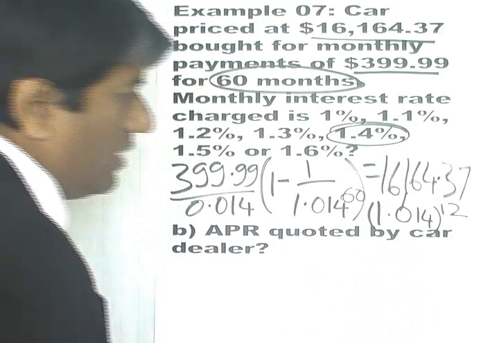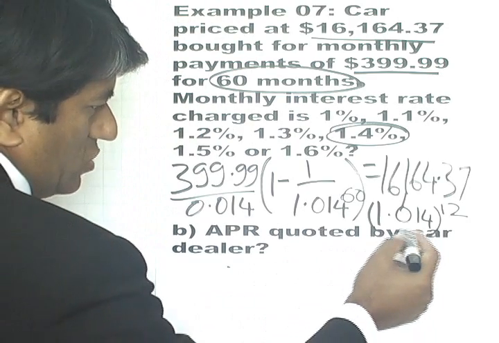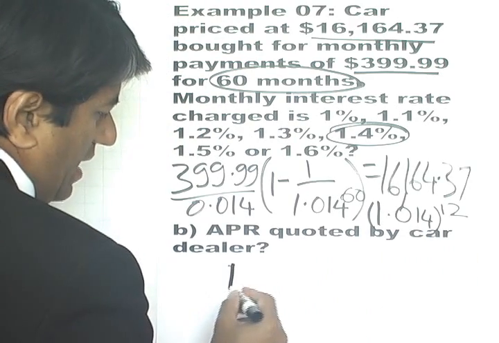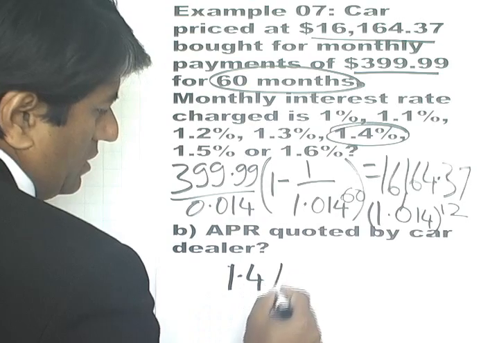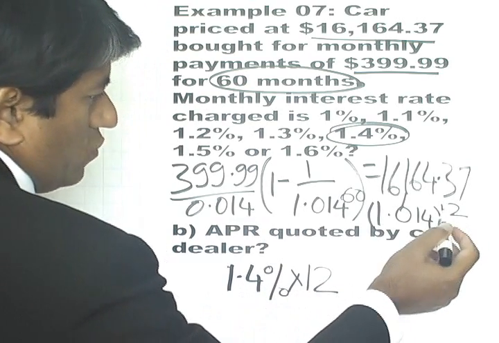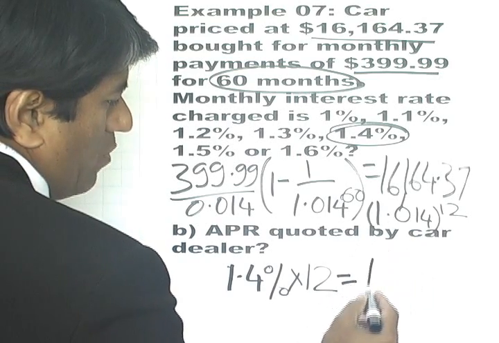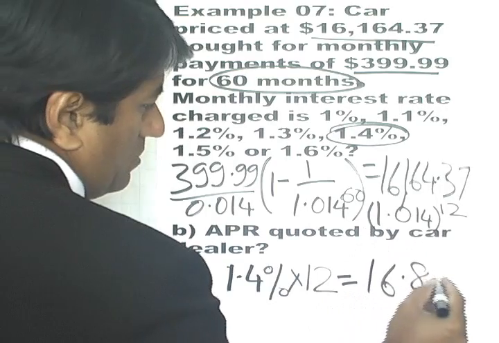However, the car dealers actually do the simple thing. They just take 1.4% and multiply it by 12, instead of taking to the power of 12 and adding 1. And that they'll report as 16.8%.